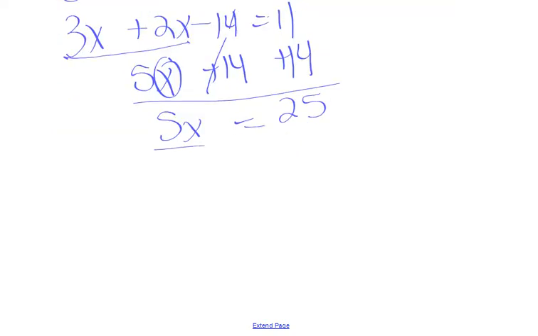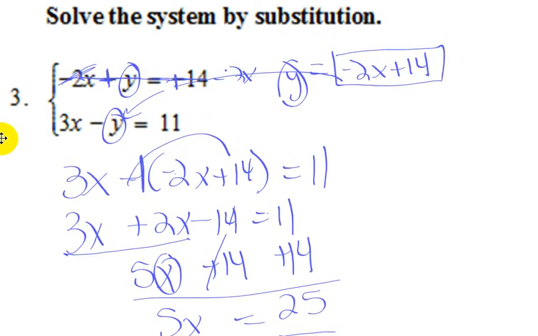Now divide each side by 5, and we have that x equals 5. So we've got half of our answer. We've got the x part, and it's 5. Now we're going to plug that back into either equation and solve for y.